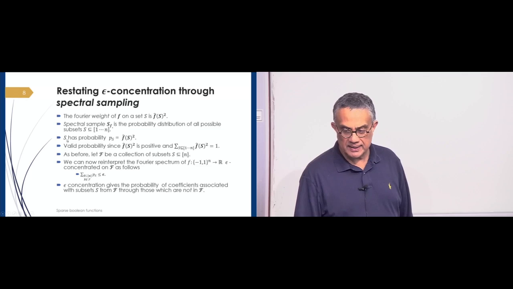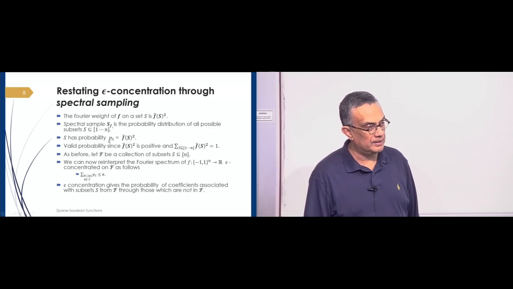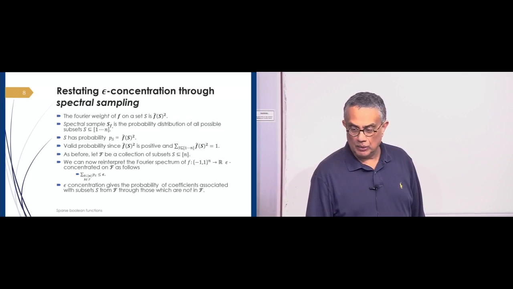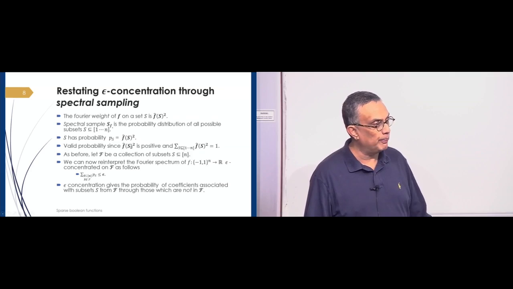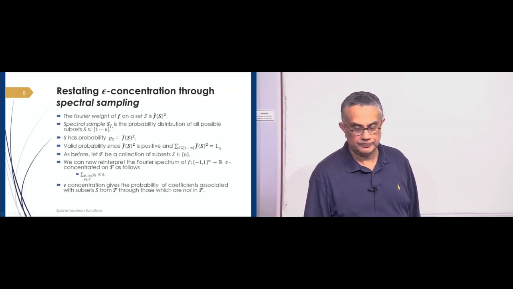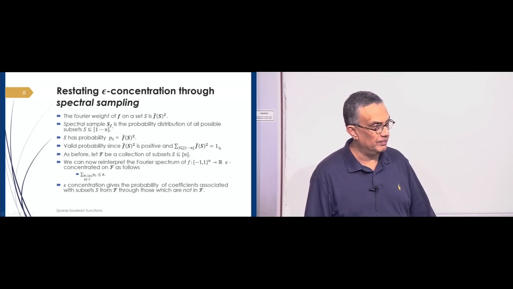Any given S, we call f hat S squared its probability, P sub S. Okay? Now, is this a real probability? It's a valid probability since first f hat S squared is a positive number and it sums to 1 from Parseval's theorem. So that's a way of thinking about it as a probability, correct?